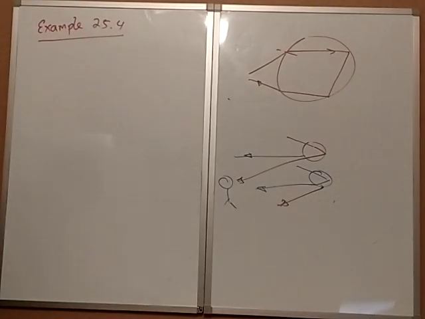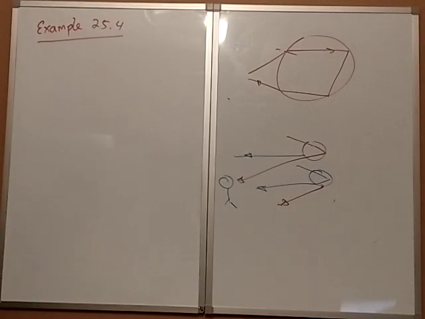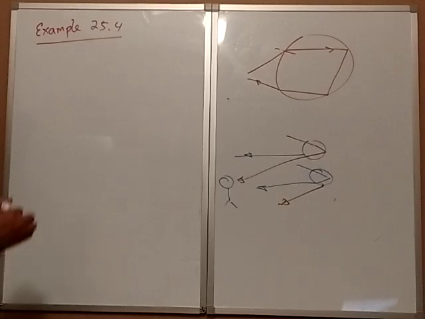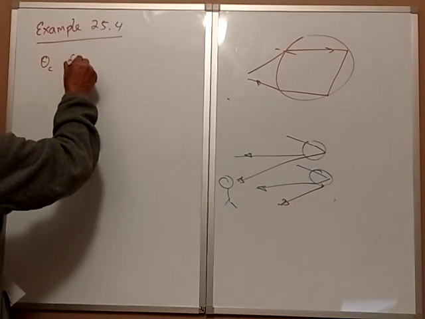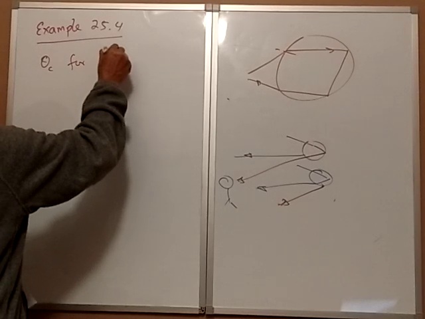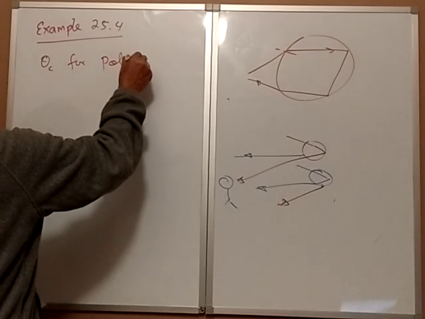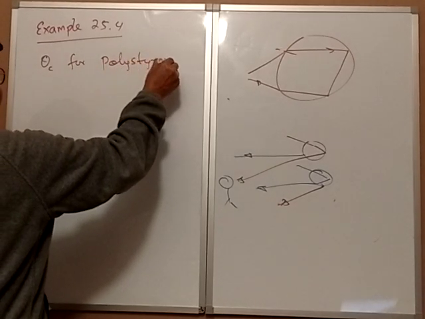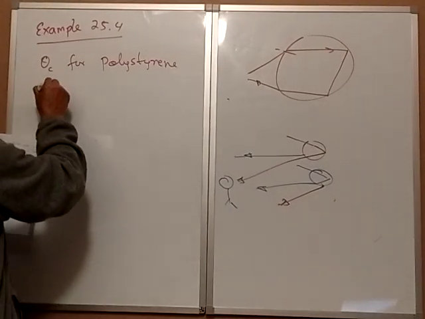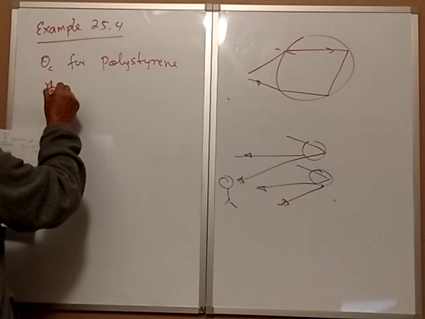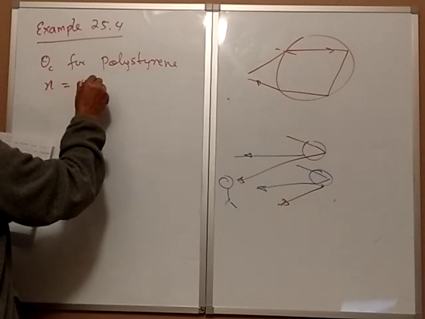It said to find the critical angle, that is theta c, for polystyrene with index of refraction n equal to 1.49.